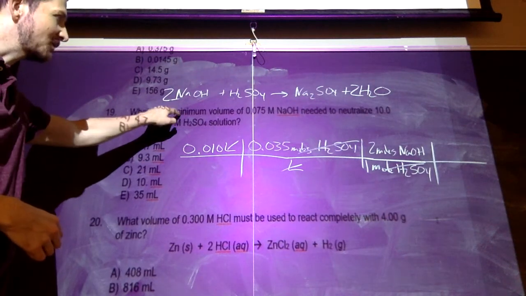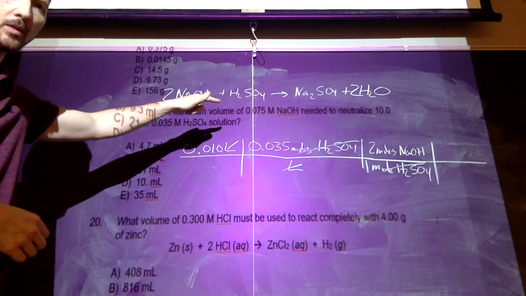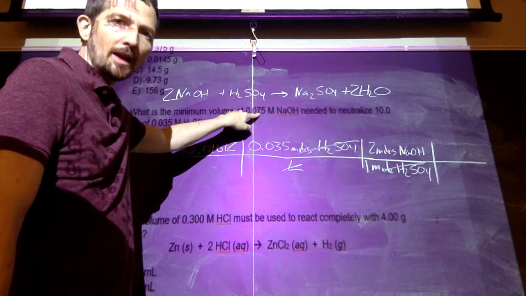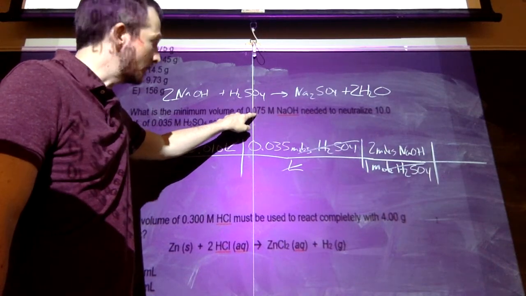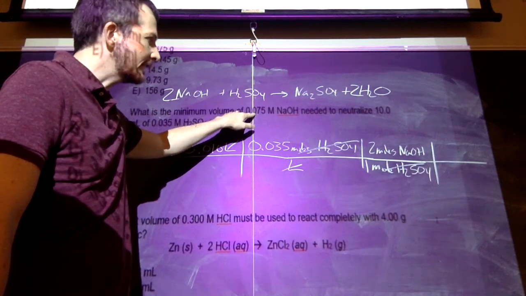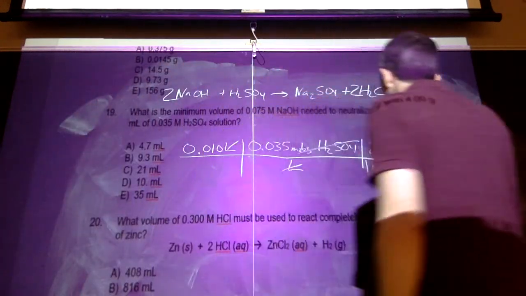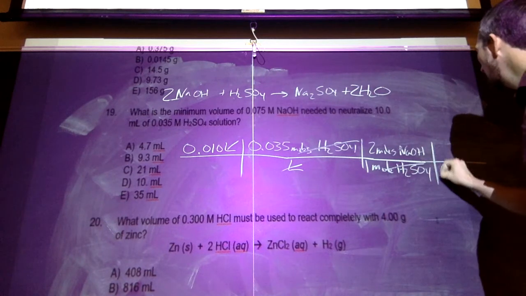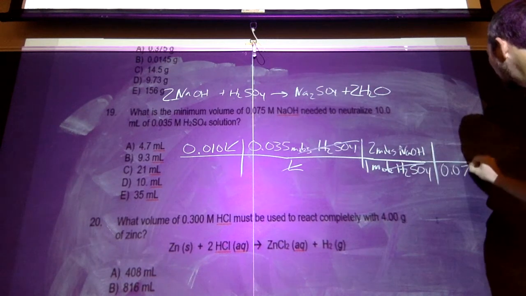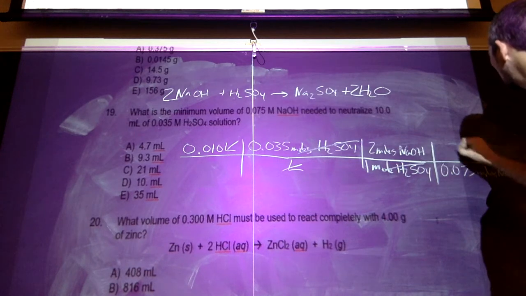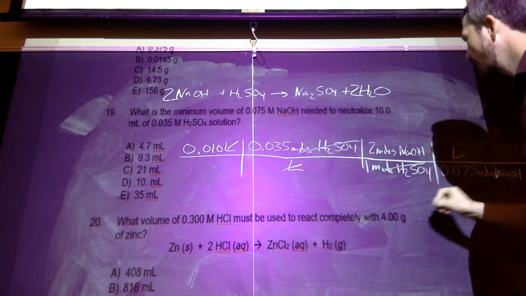Now it says what's the minimum volume of this concentration of sodium hydroxide I would need. So I've got moles, so I need to know how much of this would give me that number of moles. So I'm going to use this as a conversion factor. This time I'll go on bottom because I want the moles of NaOH to cancel out. So 0.075 moles of sodium hydroxide per liter of that solution.